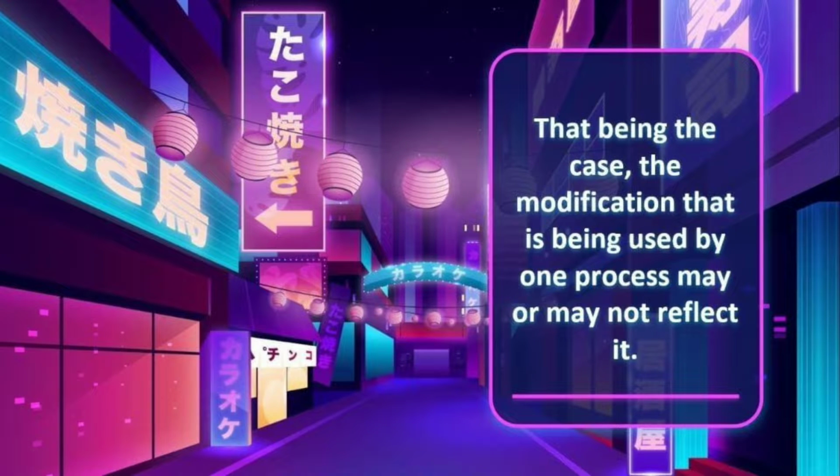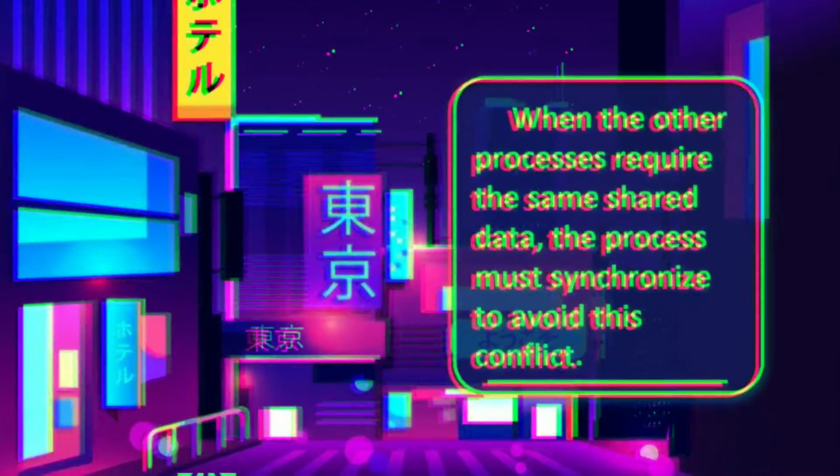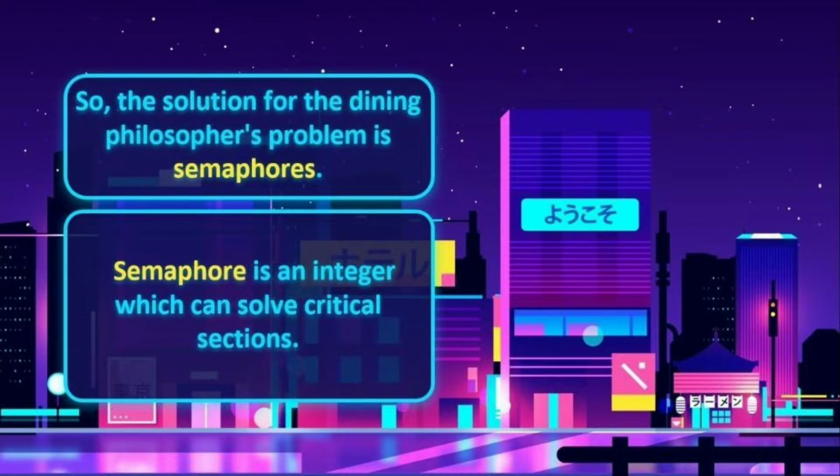The modification made by one process may or may not be reflected when the other processes require the same shared data, so the processes must synchronize to avoid this conflict. The solution for the dining philosopher's problem is semaphores, because a semaphore is an integer which can solve critical sections.